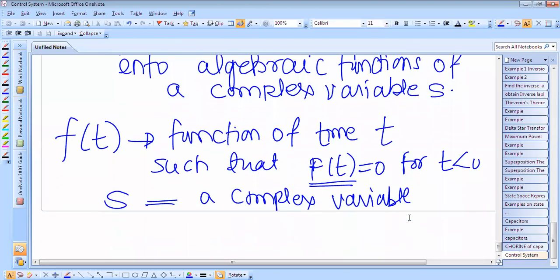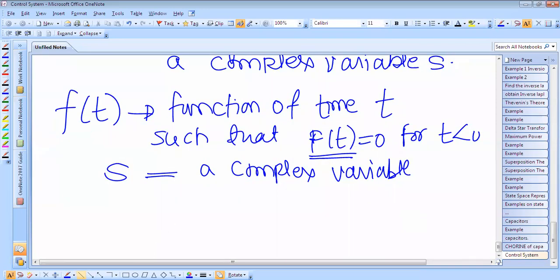We can write this complex variable like this: S is equal to sigma plus j omega. Here sigma is the real part and omega is the imaginary part.